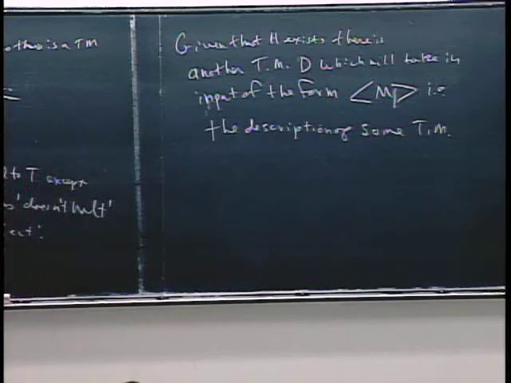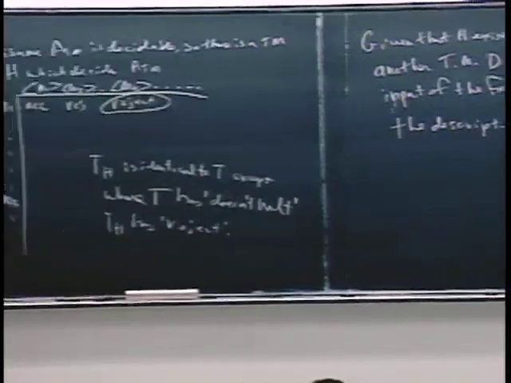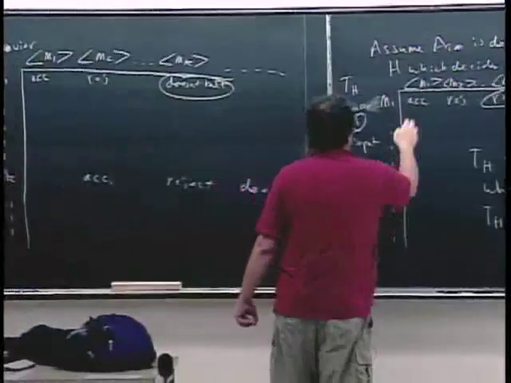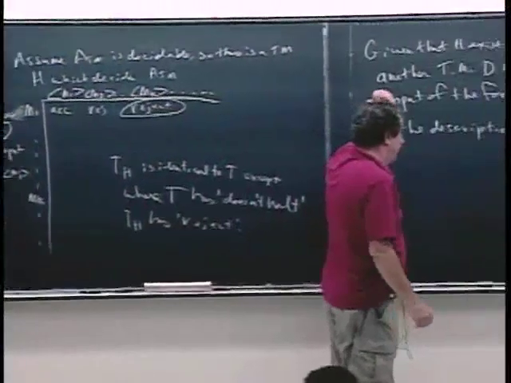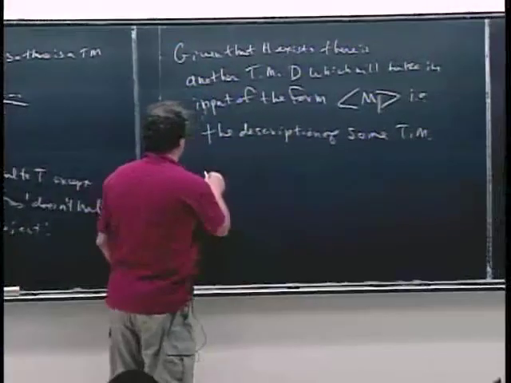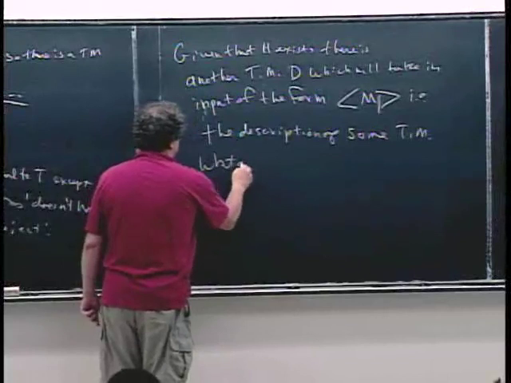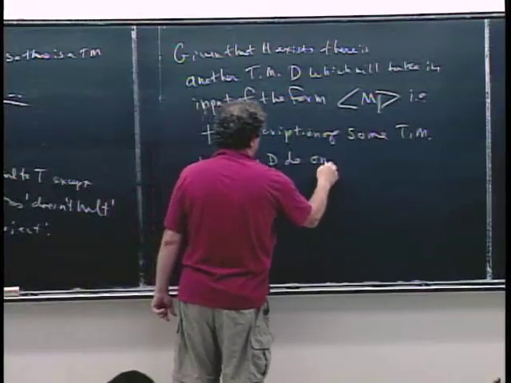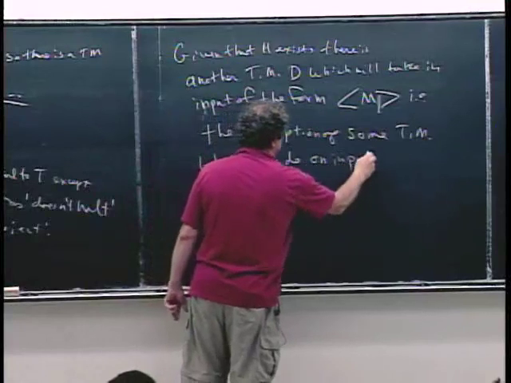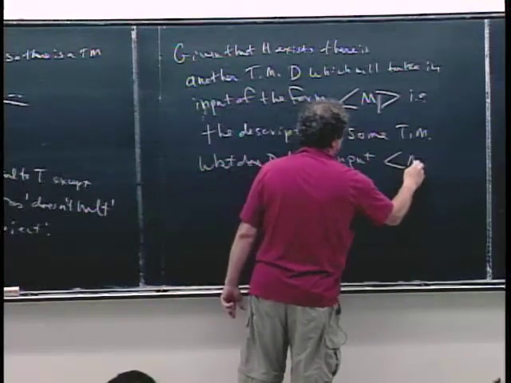the same form as here, the same form as these strings, the strings up here and the strings up here. Okay? So it takes in that input, and I want to describe what does D do on input, let's say M_i.